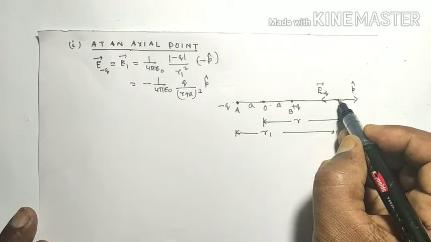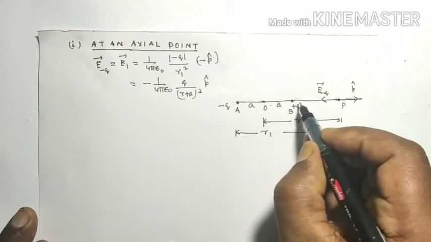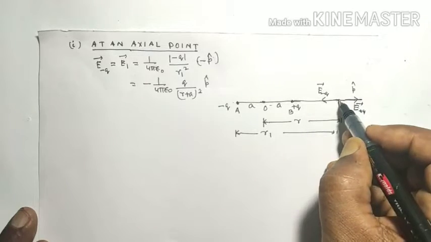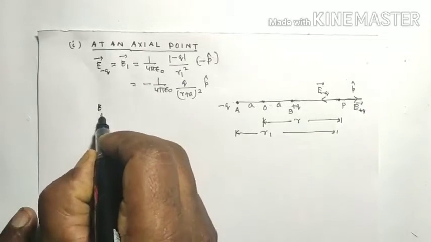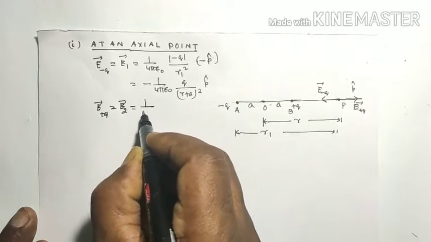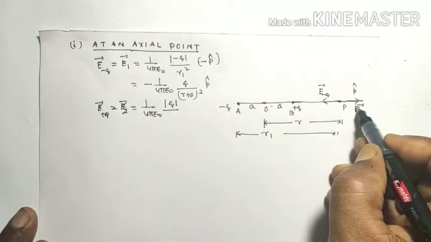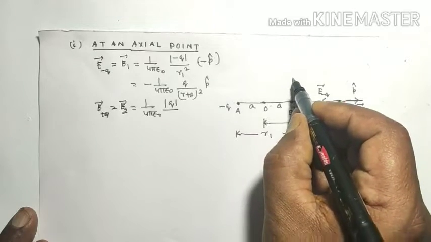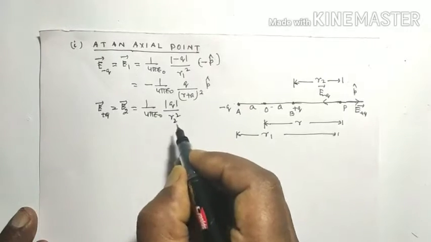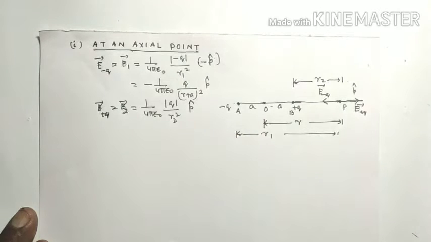Similarly, electric field at P due to plus Q is along this direction, that is away from plus Q. So this is E plus Q, towards right, in the direction of P cap. E plus Q can also be written as E2, equal to 1 by 4 pi epsilon 0 mod of Q by R2 square, where R2 is the distance of P from plus Q. It is towards right, so we introduce the unit vector P cap.